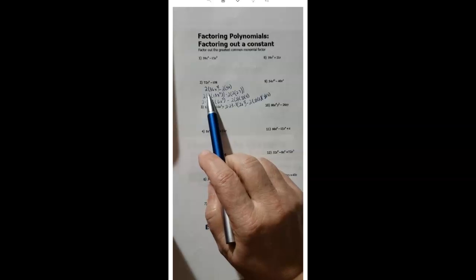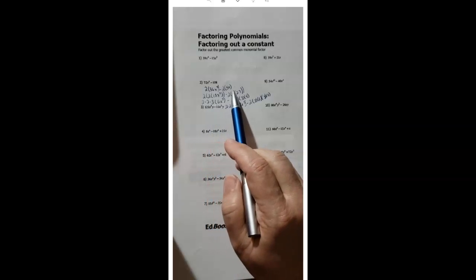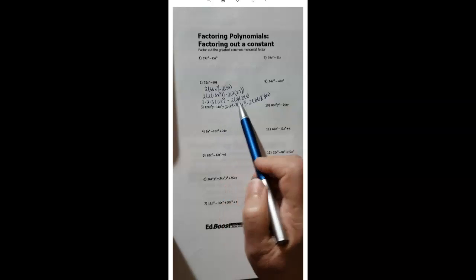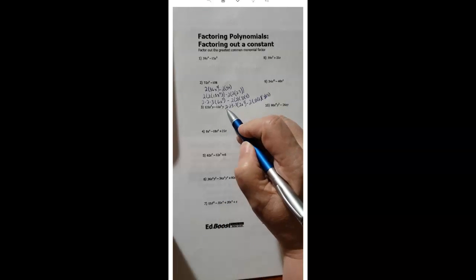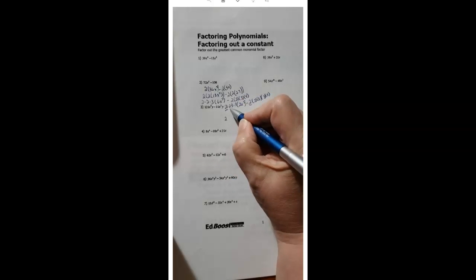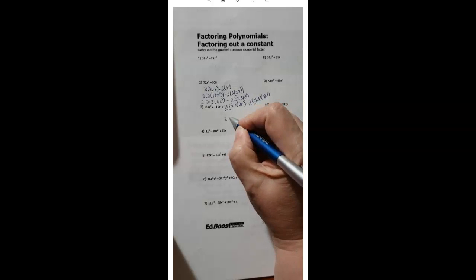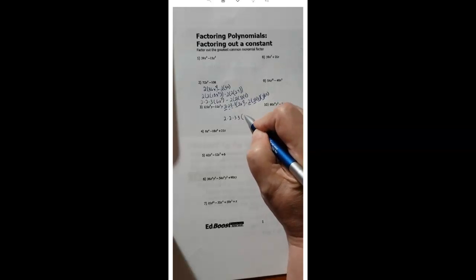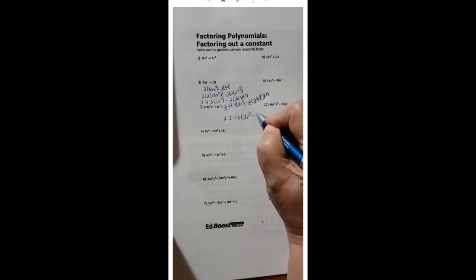Okay, to make the long story short, some of you don't always find the greatest common factor at the beginning. I have to keep going until I find everything that there is. So there's a 2 in both of them, another 2 in both of them, there's a 3 in both of them, there's a 3 in both of them, and the rest of the stuff is what I'm going to continue to call my leftover.